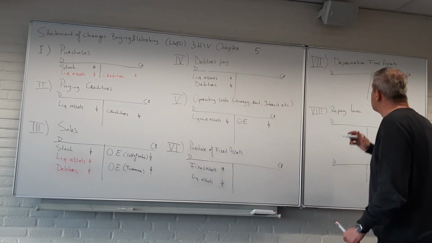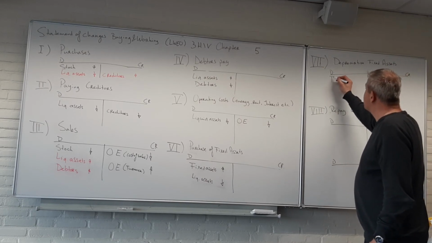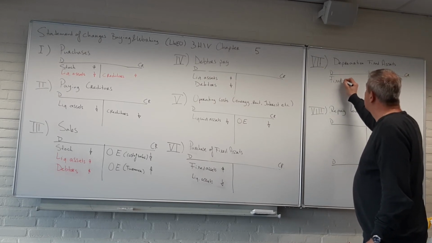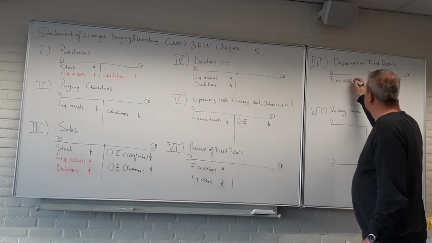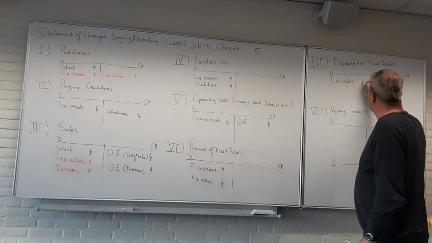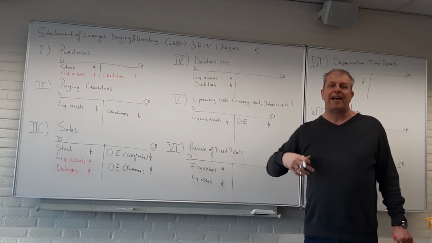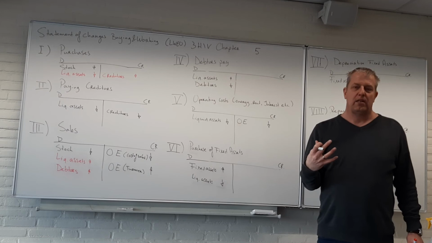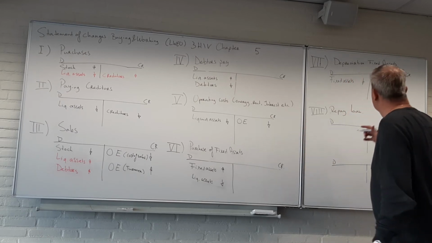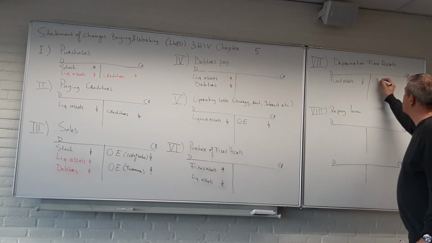So, because what happens is your fixed assets they lose their value, so they go down in value. Yes? And because depreciation are costs, your owner's equity goes down as well.